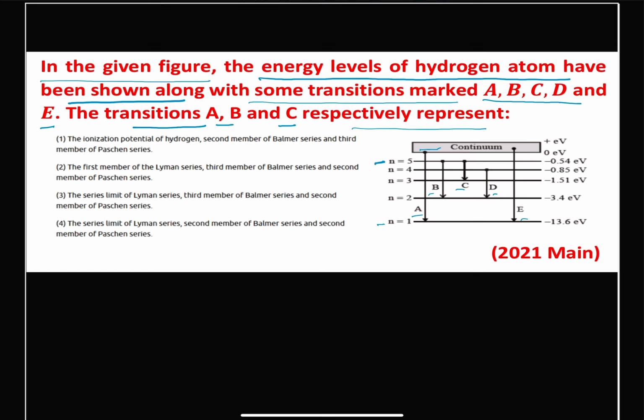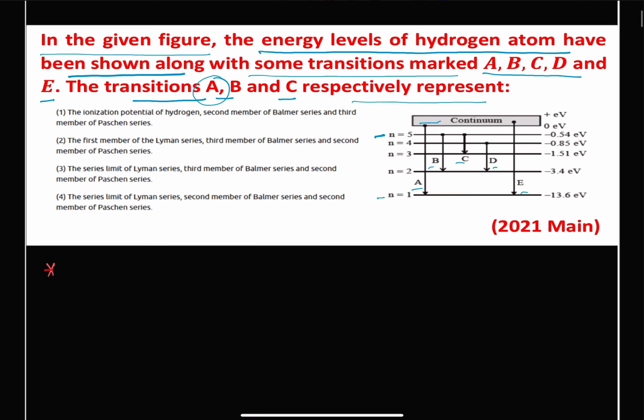So we are going to start with transition A. Transition A starts from N infinity and goes to N equal to 1.